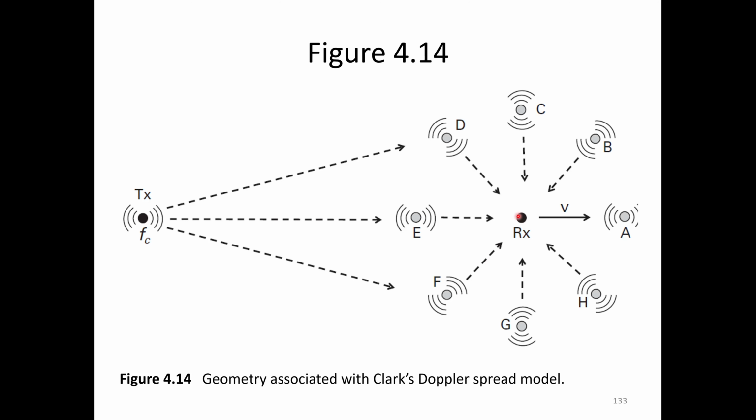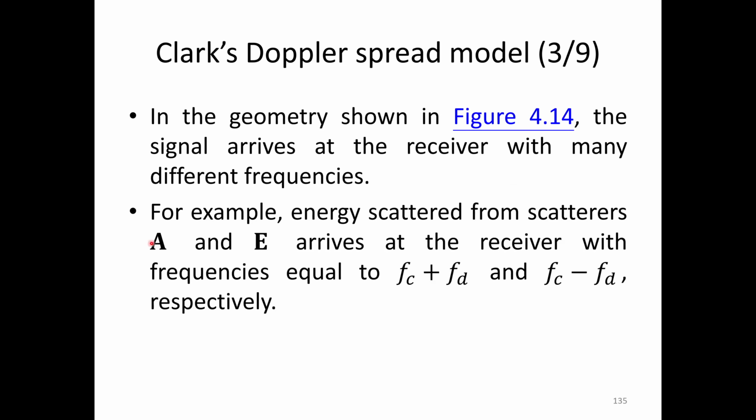Okay, and because the receiver is moving away from the scatterer E, the frequency that the receiver received from scatterer E decreases, and is equal to Fc minus Fd. Okay, Fc minus Fd.